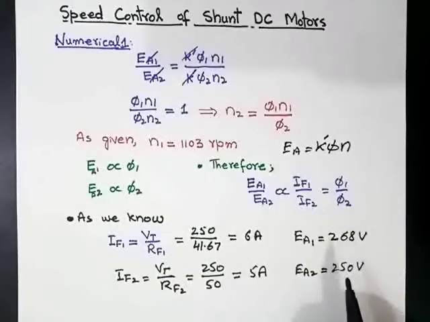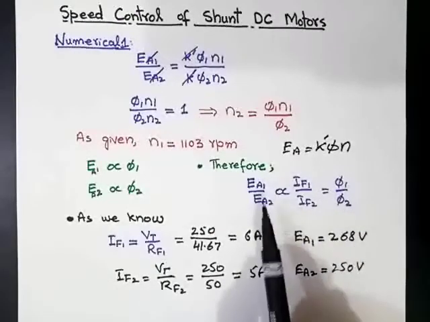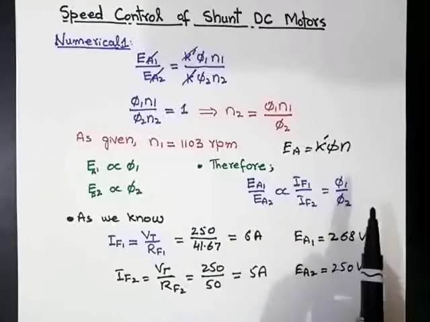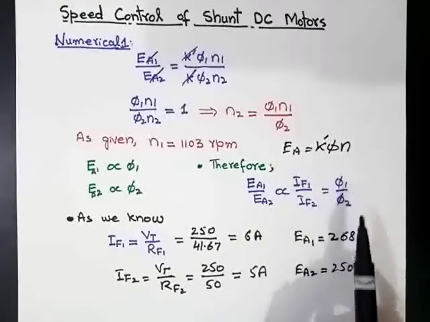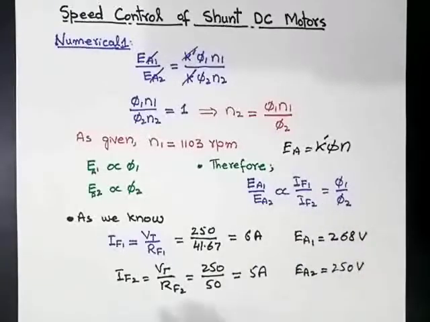Now, as you can see in this equation, EA1 over EA2 is directly proportional to flux 1 over flux 2. Therefore, flux 1 divided by flux 2 will be equal to EA1 over EA2.